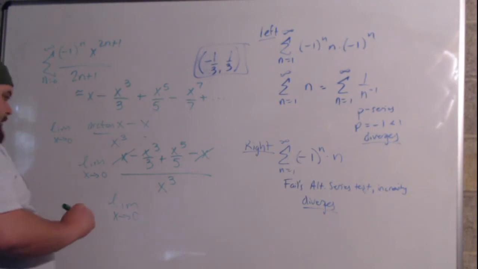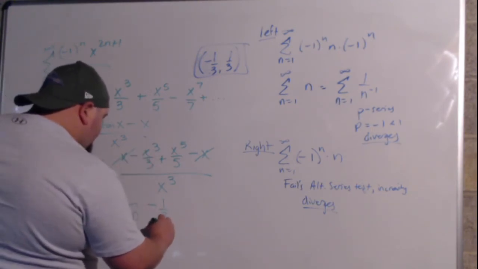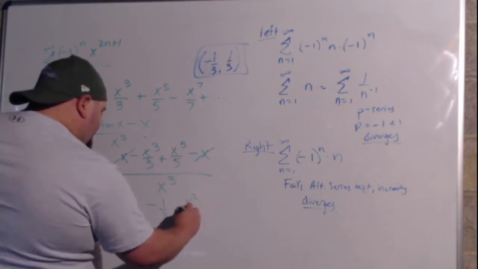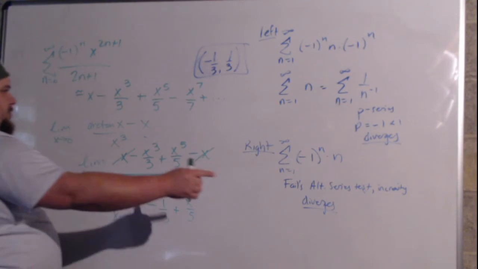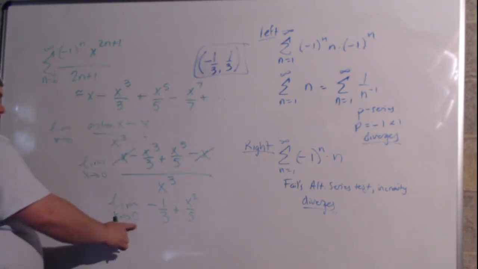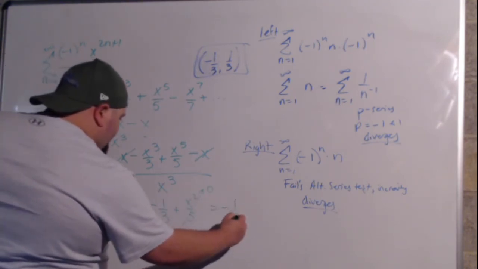All right, and divide these by x cubed. This is minus 1/3 plus x squared over 5. And if I had any more terms, they would have more x's in them. But x is going to 0, so this goes to 0, and I'm just left with minus 1/3.